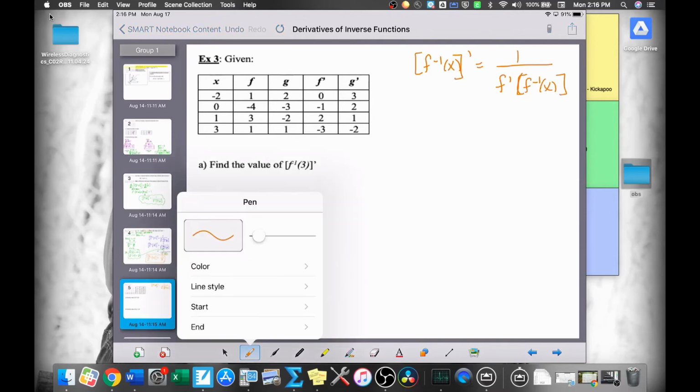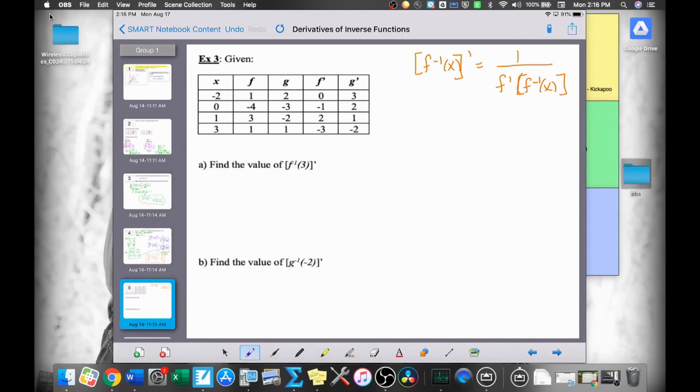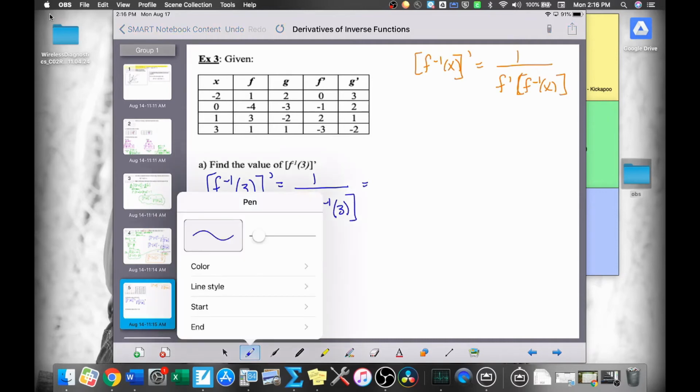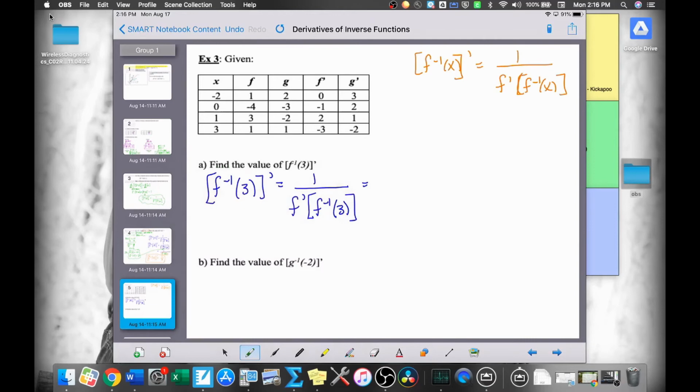So for example A, the derivative of f inverse at x equals 3 is going to be equal to 1 over f prime of f inverse of 3. And I can use the table to figure out this information. So f inverse of 3 means, do I have a value for f of x being 3? I do.